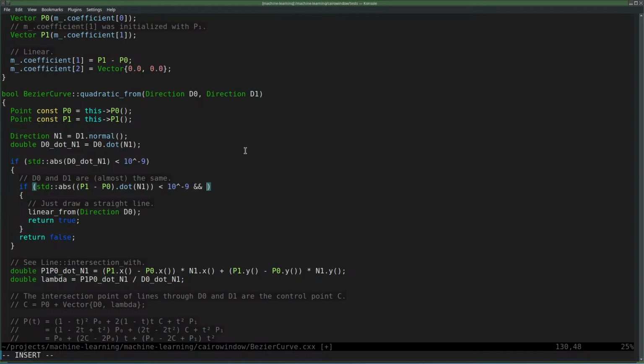And I point in the same direction. So now I can do D0 dot D1 larger than 0.1, aka 0.999999 something. At least not negative.